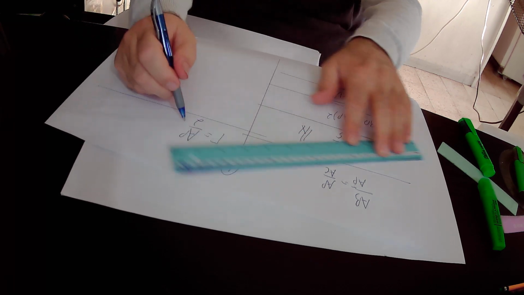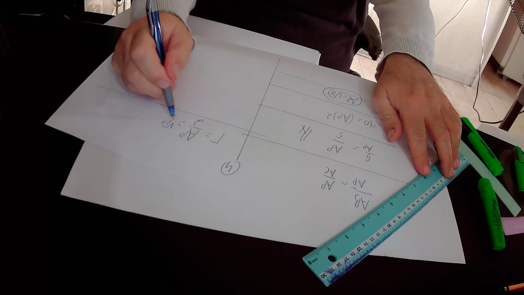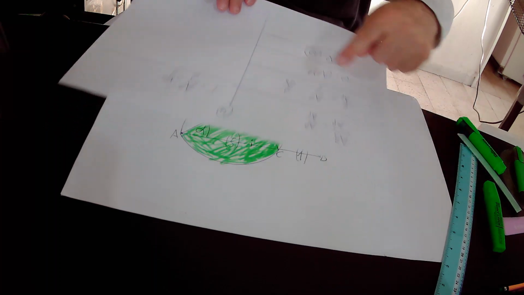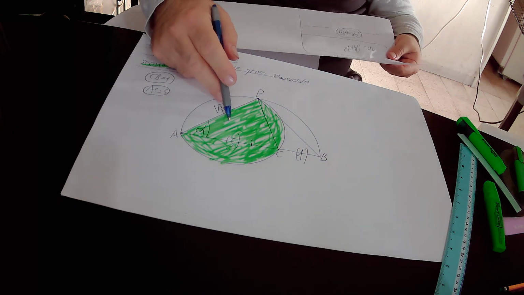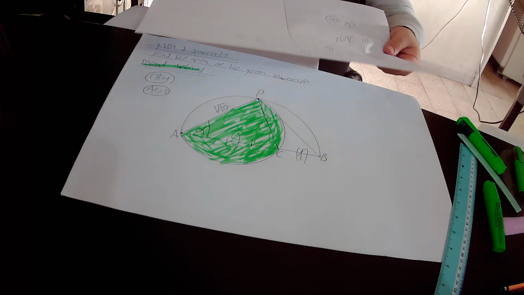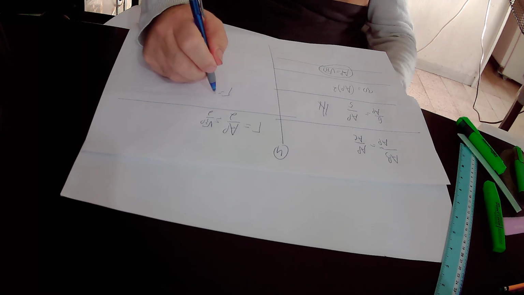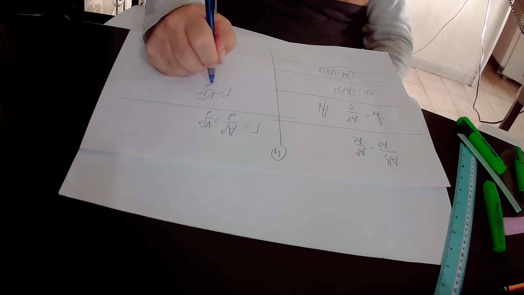The diameter AP is square root of 30, and square root of 30 over 2 is the radius of this green semicircle. So the radius R equals the square root of 30 over 2 units.